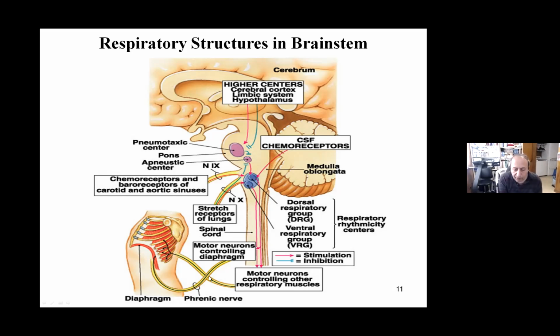Now, the phrenic nerve is the most important to send output to control the diaphragm and to contract the intercostal muscle.